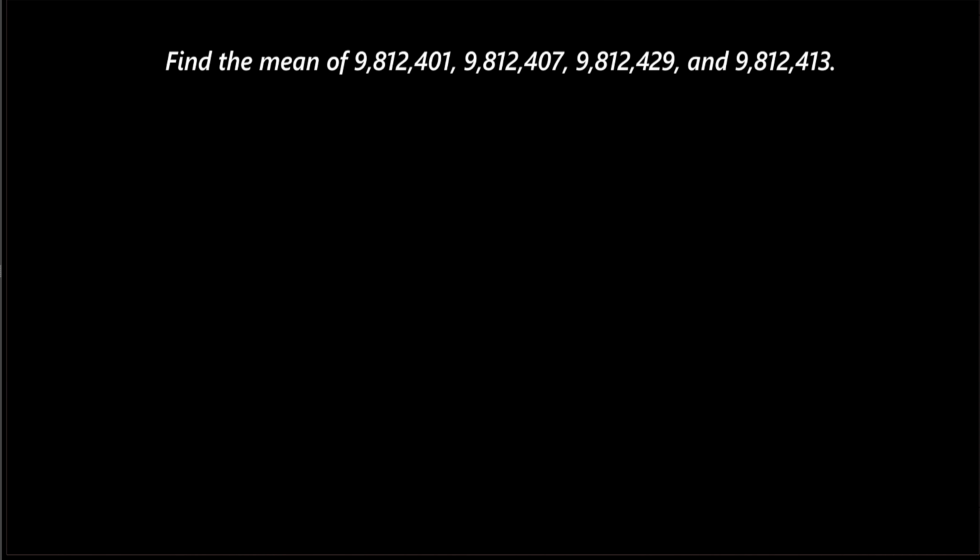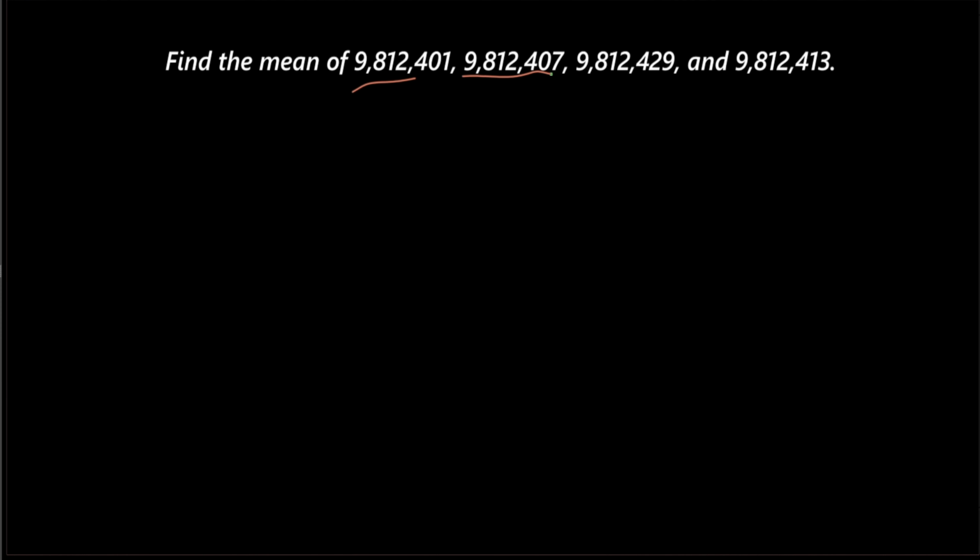So, let's look at these numbers. What do you notice about them? You can pause the video and think about it. So, I assume we have time to think. 9,812,400 is in every number.